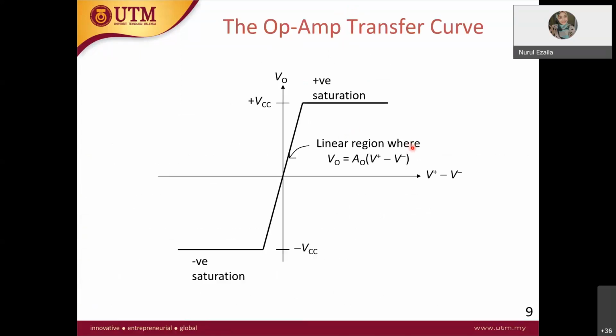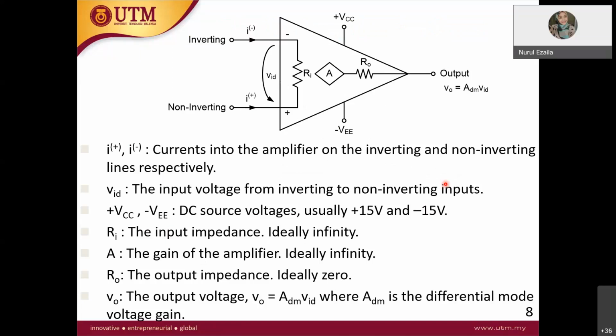So this is the op-amp transfer curve. Since this is a linear application, as you can see, the V out versus V plus minus V minus. If I can draw this, this is your V out, the output, this is your V minus, and this is your V plus.